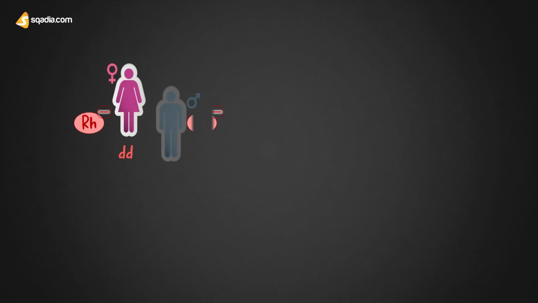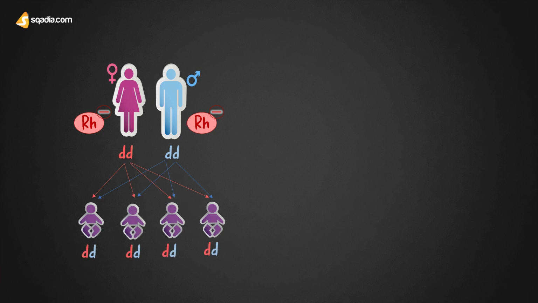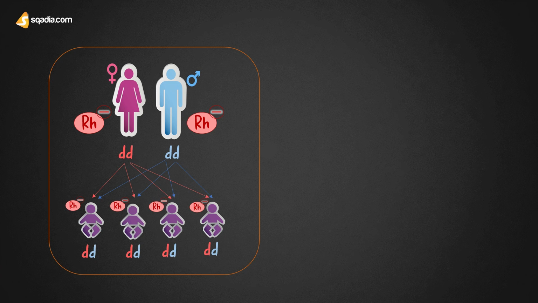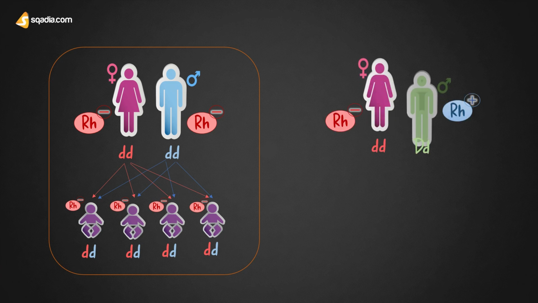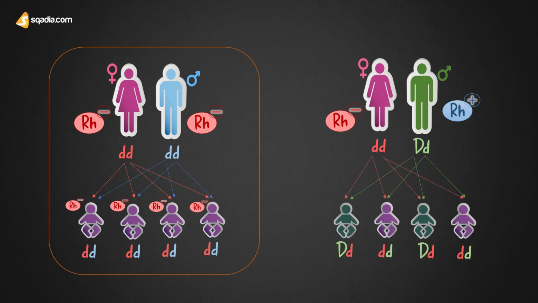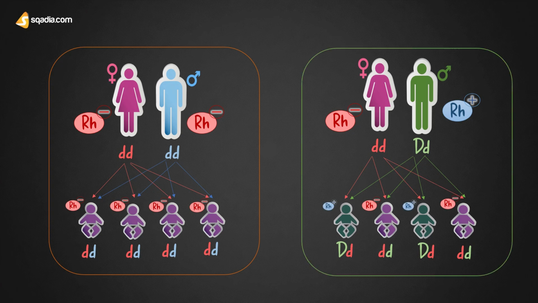When a female with Rh negative blood marries a male with Rh negative, then 100% of offspring will be Rh negative. So there's no chance of Rh incompatibility. But in case if Rh negative female marries a Rh positive male, then there is a chance that 50% of their offspring are Rh negative and 50% are Rh positive.